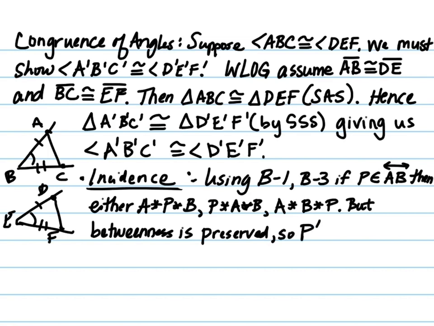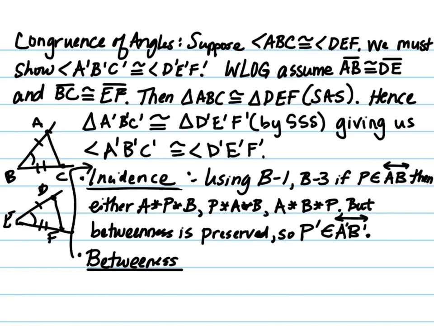So P prime is on A prime B prime, that line. Okay, so that's incidence actually. Betweenness that I unfortunately skipped, so this should go right in here in order for it to make sense.